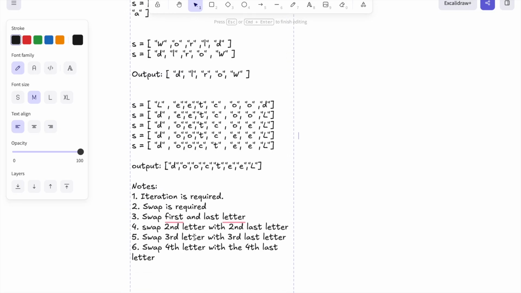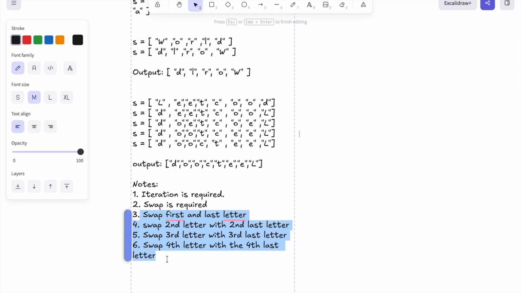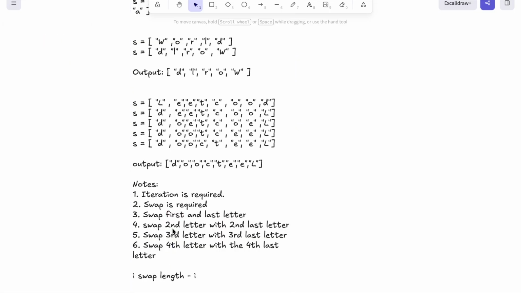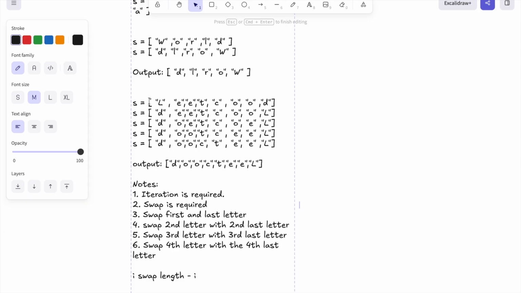So from these four things I am able to get that if I am on index I, then I need to swap with length minus index I. Can we say that? Because let's say the length of S here, for LeetCode, is 8, right?